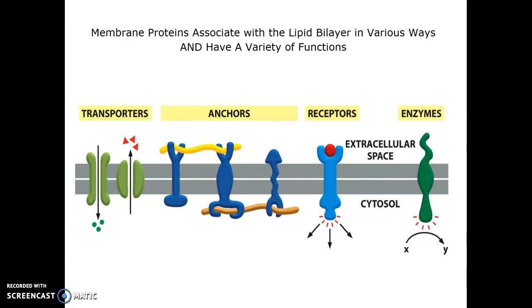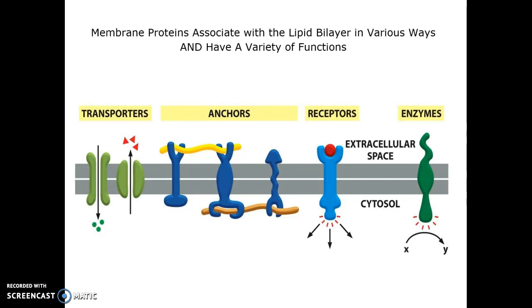They can be anchors for linking the cytoskeleton across the membrane to the extracellular matrix, creating cell sheets, and that's going to be important for things like organs. They can be receptors for communication.